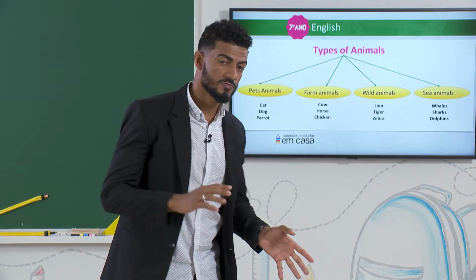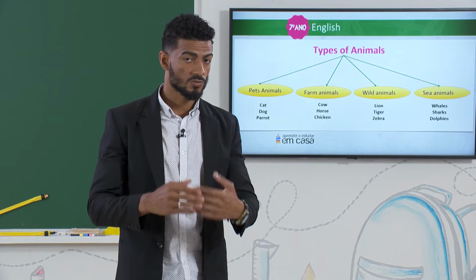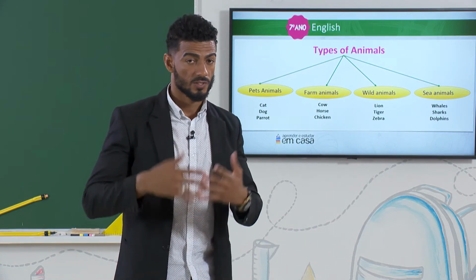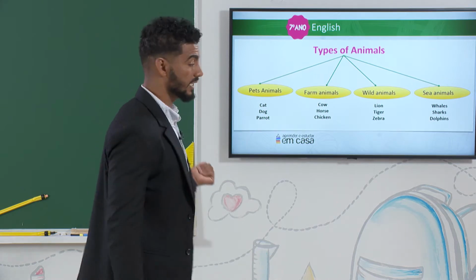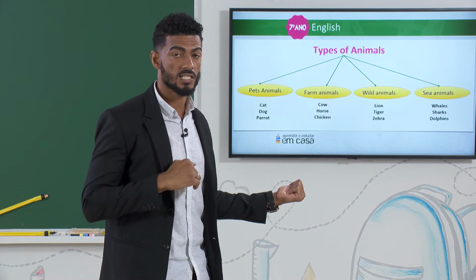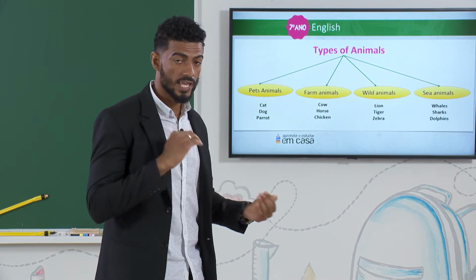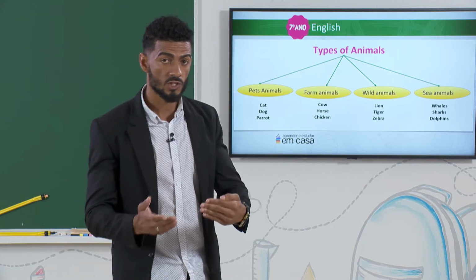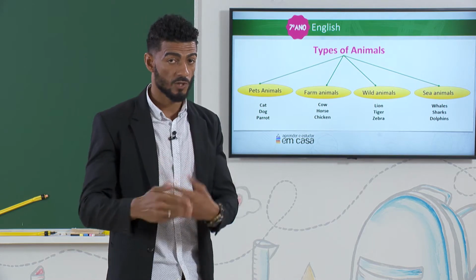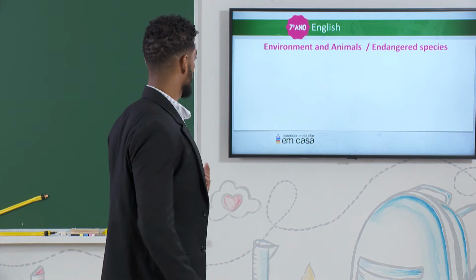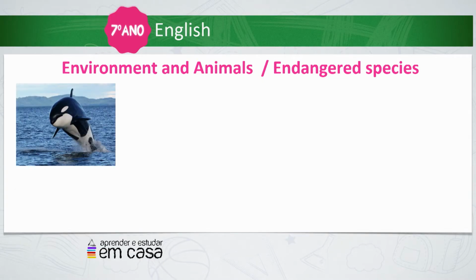And before we go, just to let you know that today we are going to talk about environment and animals. So let's see some endangered species before we proceed. Here, the first one that we have is the one we call whale.